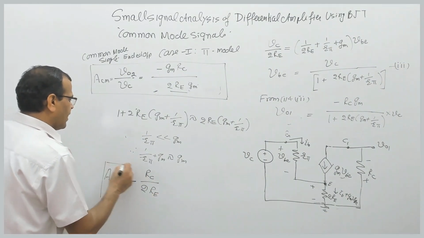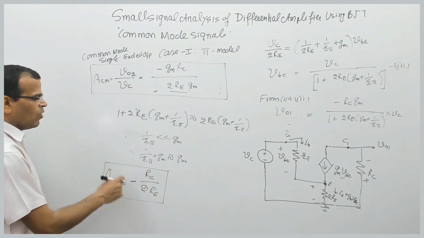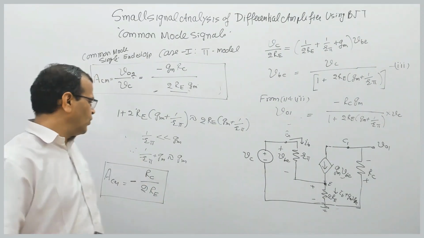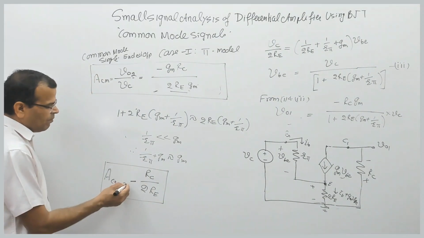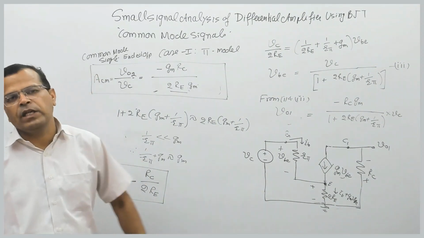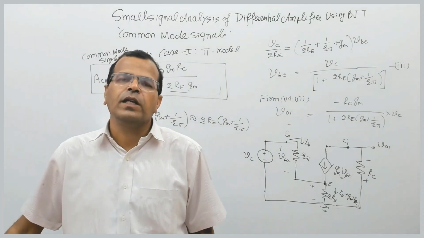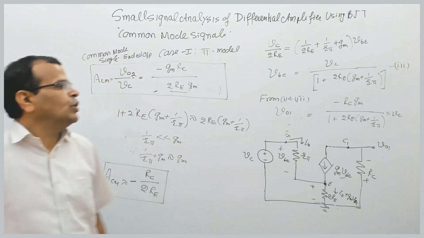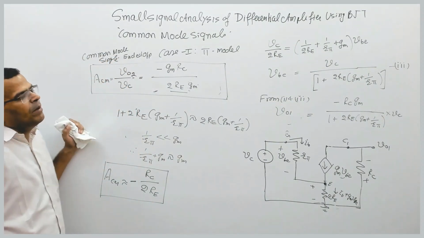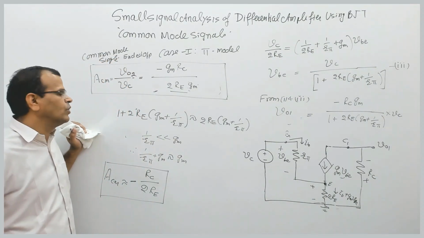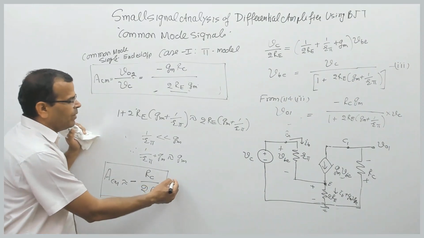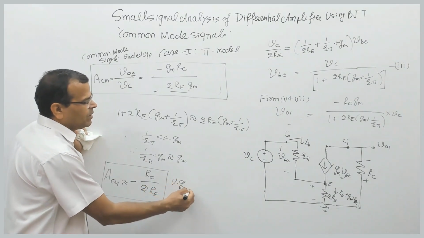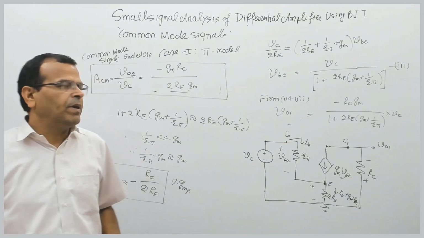So my common mode gain is approximately equal to minus Rc upon twice Re. That is the common mode gain using which analysis? Small signal analysis using the pi model. This is very important. Try to remember this expression if you can.